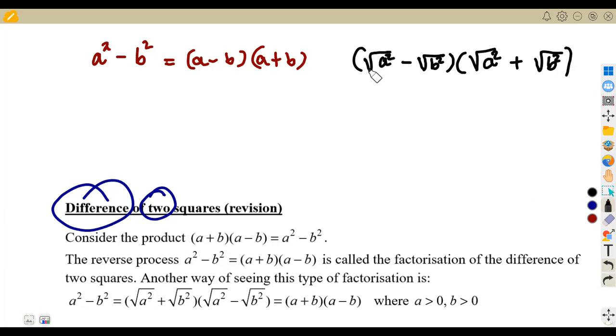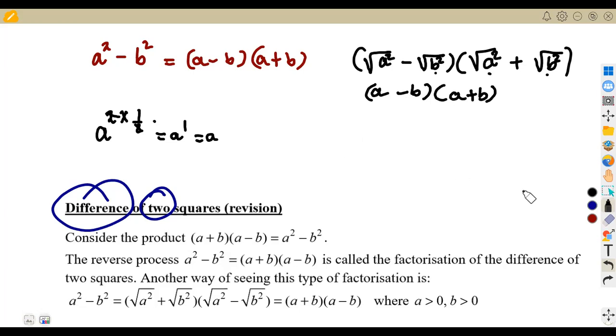So the square root of a squared, from our exponents, is a squared to the exponent of a half. If you multiply 2 times a half, you obtain a to the exponent of 1, which is the same as a. So that's why we end up with a. It is the same thing for b. We are going to have minus b, and the same thing in the other bracket, but only that we are going to have a plus.